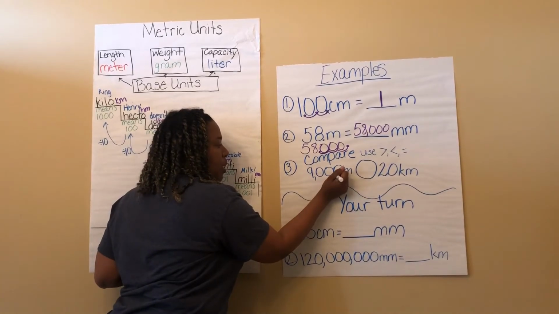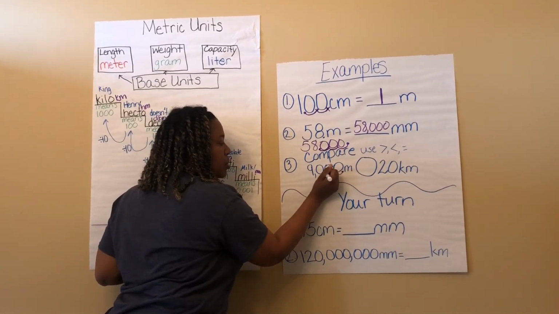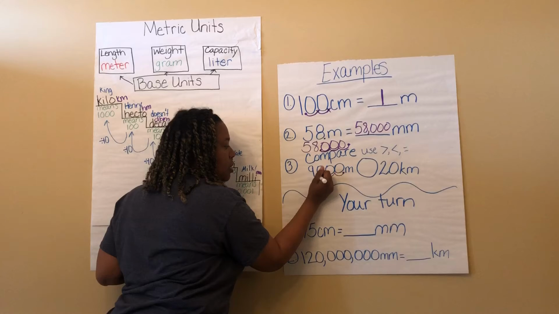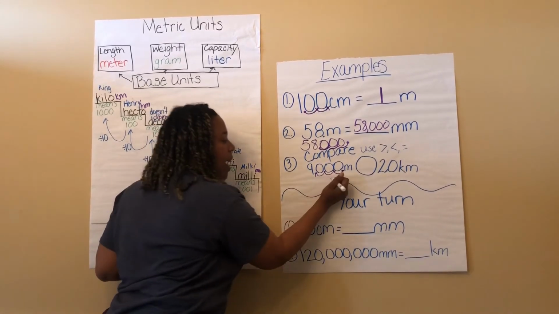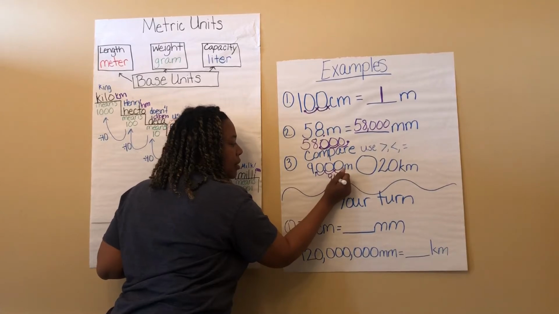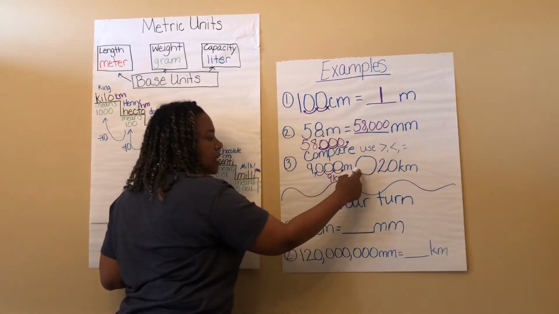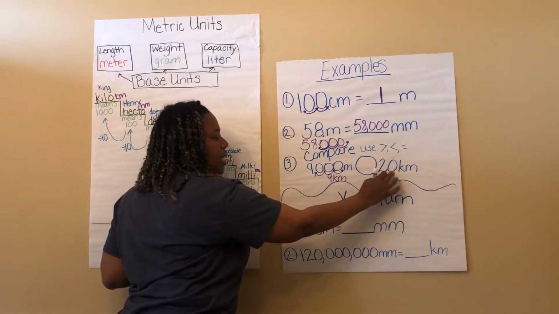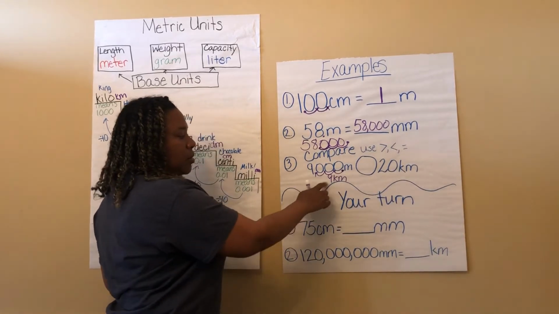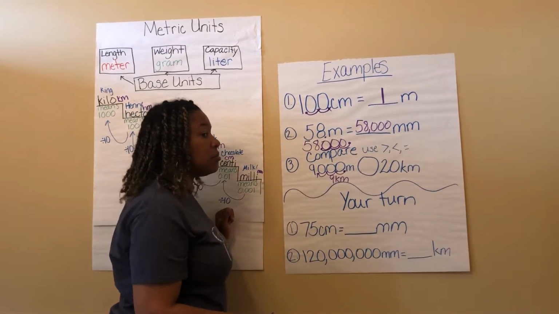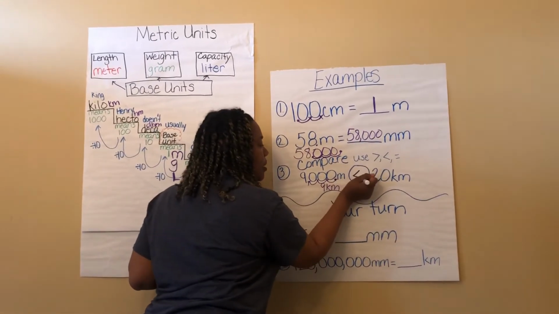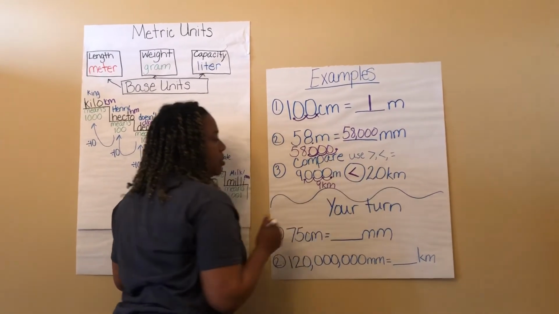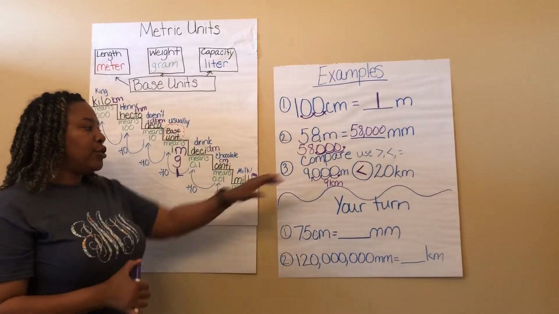So I'm going 1, which is dividing, 2, 3. So now my decimal is here behind the 9. So I have 9 kilometers is equal to, less than, or greater than 20 kilometers. 9 kilometers is less than 20 kilometers.